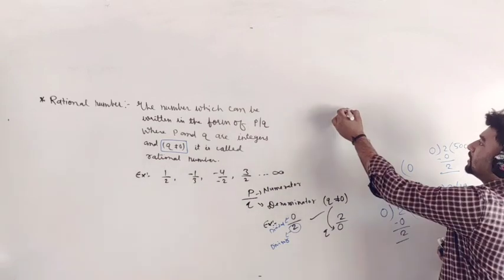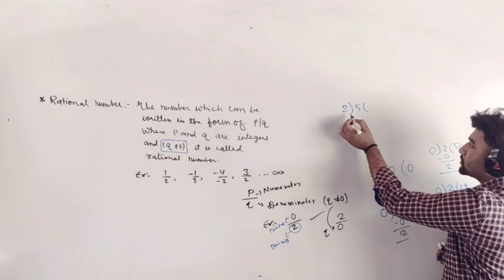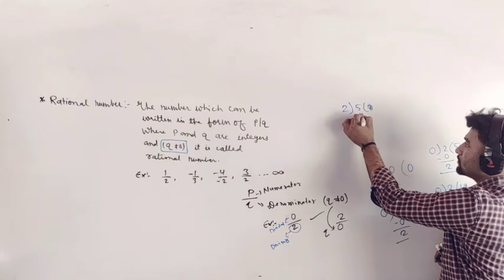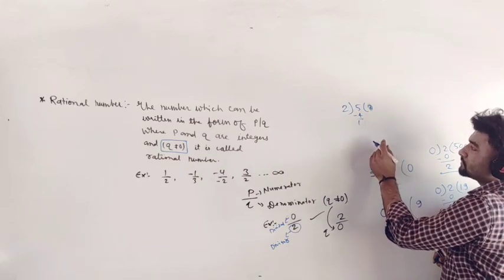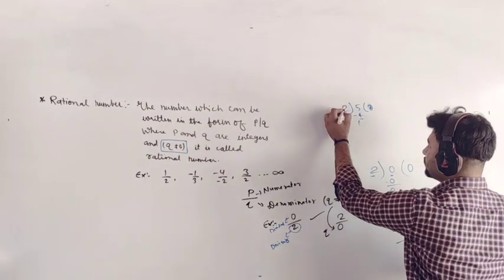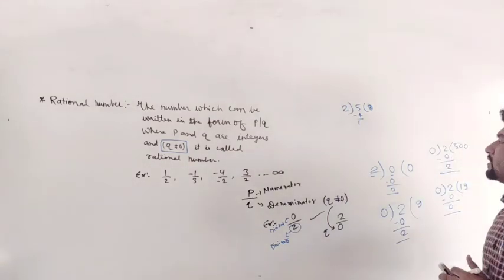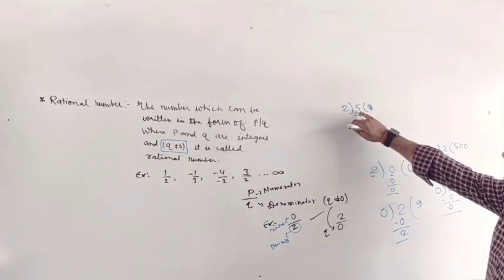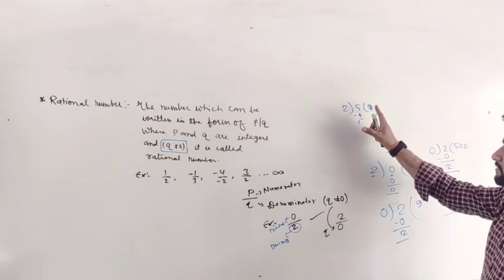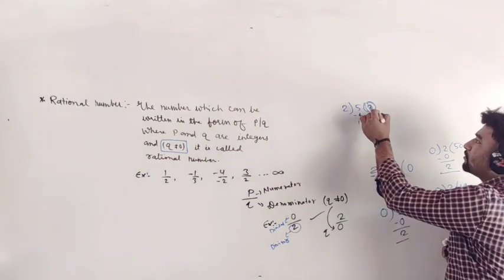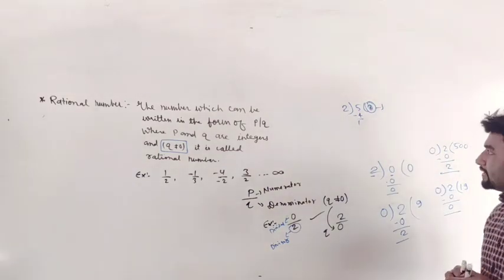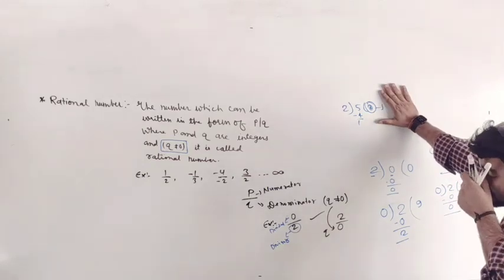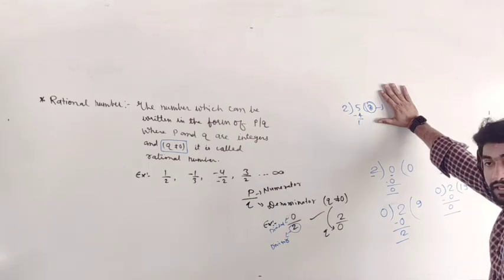Yeah, if we are just taking 5 divided by 2, the quotient is 2. It means if in the divisor 2 is there and 5 is the dividend, then we get the quotient 2. Means the quotient will be constant all the time, it will never change.